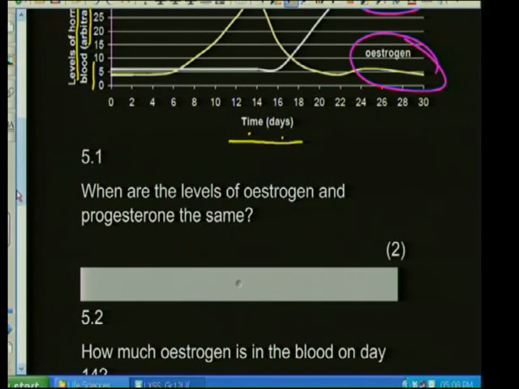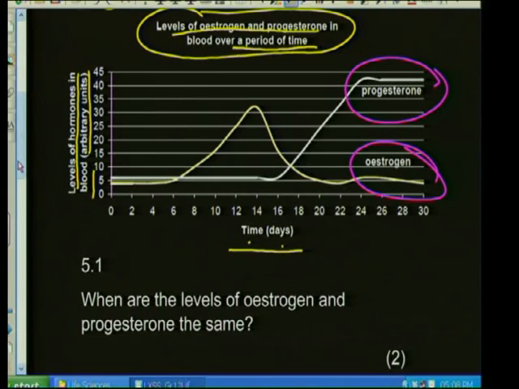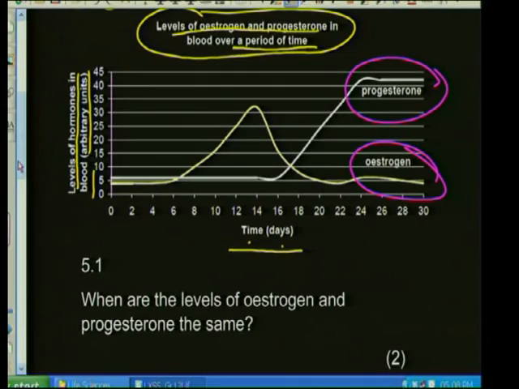When are the levels of estrogen and progesterone the same? Did you need to study an encyclopedia of reproduction to answer this? Not at all. You had to look at the graph and look at the time when the levels of estrogen and progesterone are the same. All you need to do is look at the graph, and where do these two lines touch? There and there.